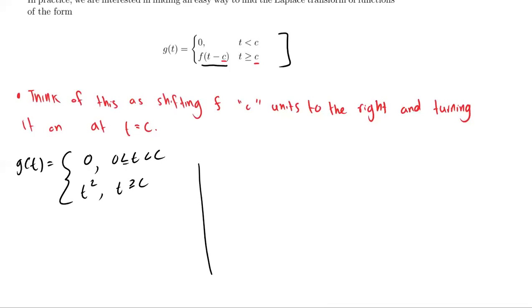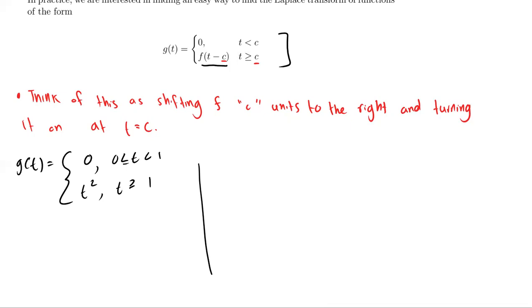I'm working with the regular quadratic, t squared. Let's say c is 1. Notice that I'm turning on my function at 1, but I'm not shifting my function by 1.